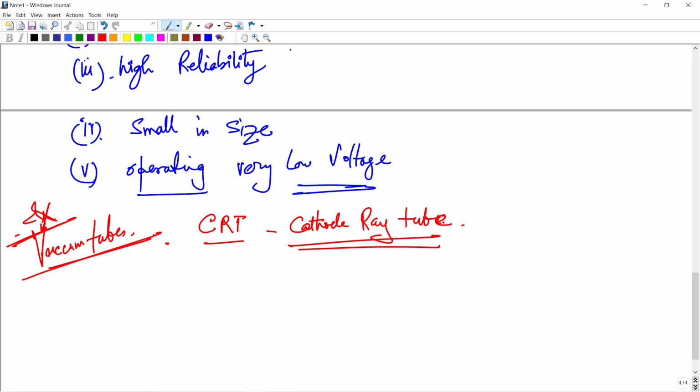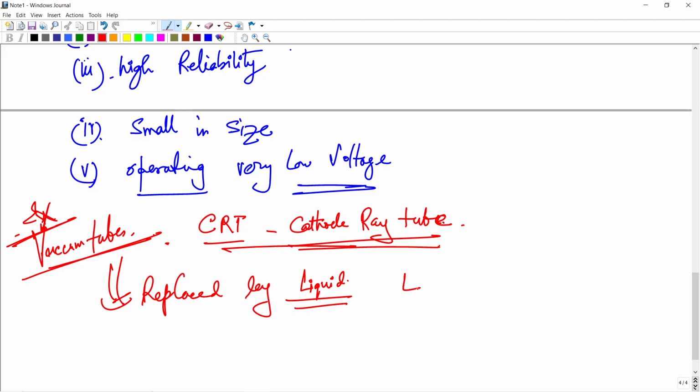This cathode ray tube, the best vacuum tube, is replaced by liquid, and you get the LCD, liquid crystal display.